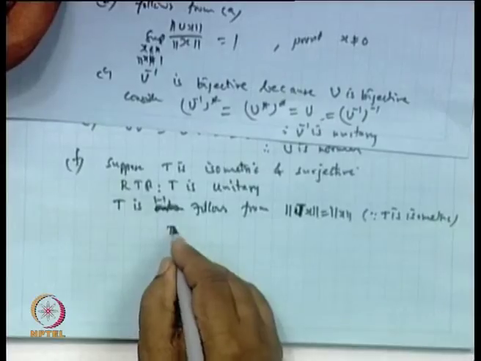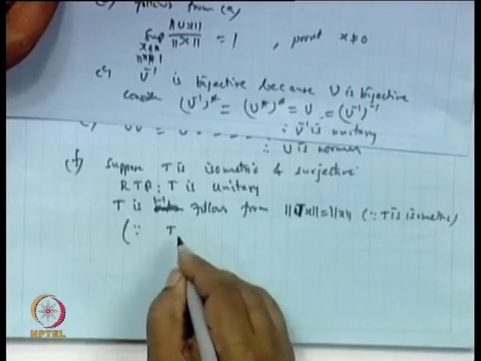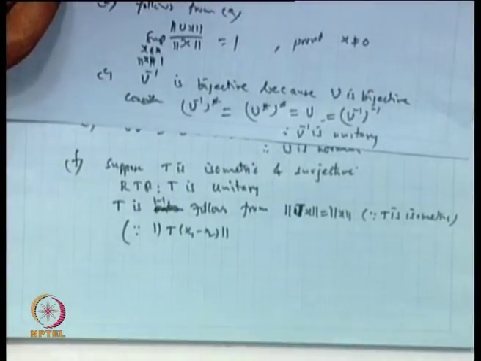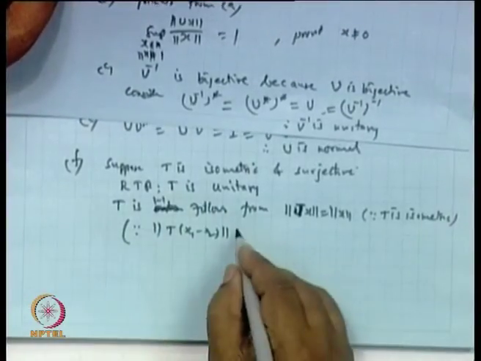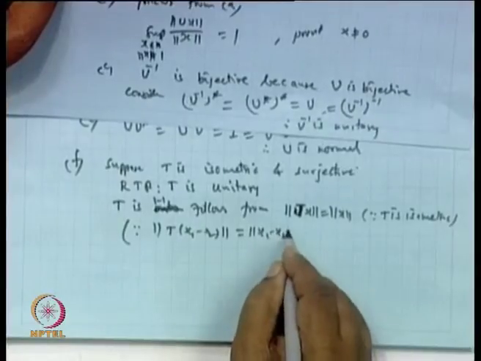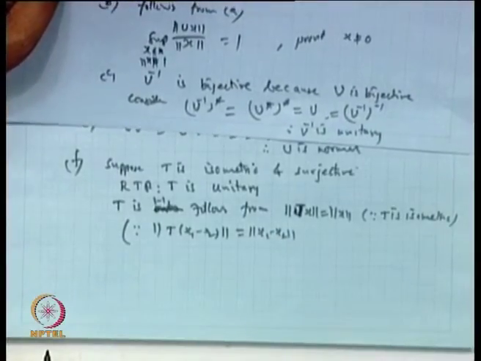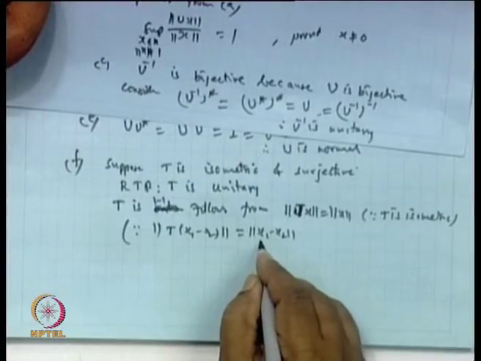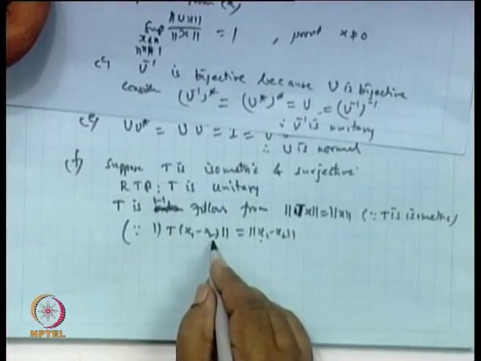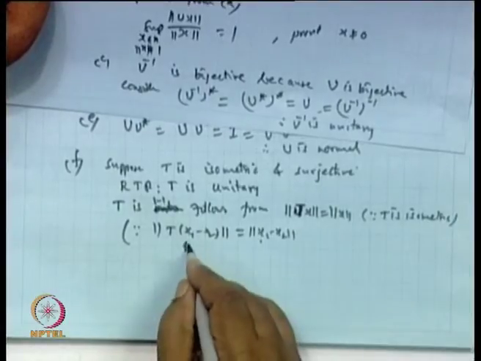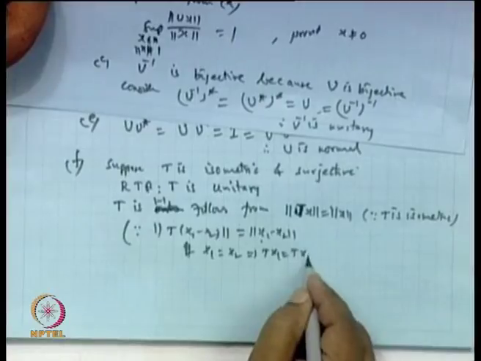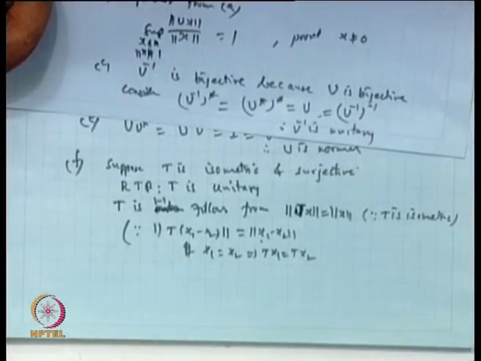You can say from here, I take T of x1 minus x2. T is isometric, so this will be equal to the norm of x1 minus x2. If this is equal to 0, then x1 equals x2, so Tx1 equals Tx2 implies one-oneness.